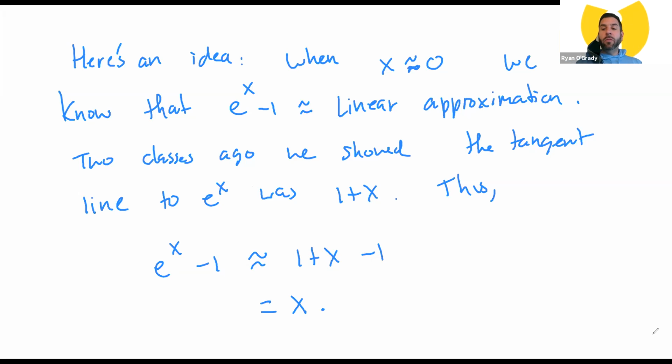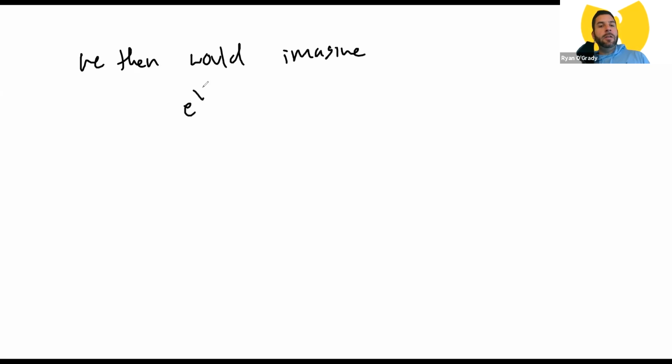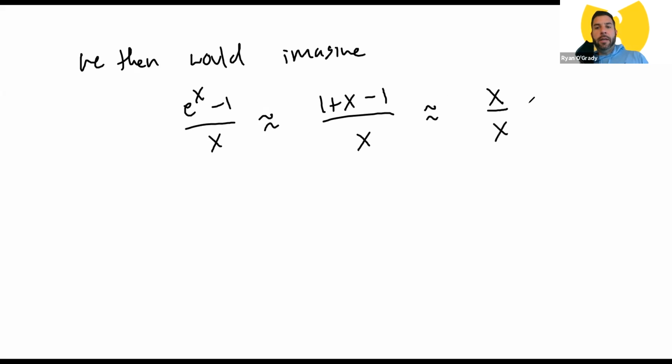So what we can reason, though we're not being very precise right now, is that (e^x - 1) over x would be approximately (1 plus x minus 1) over x, which simplifies to x over x, which is 1. We would imagine this is true when x is approximately 0.